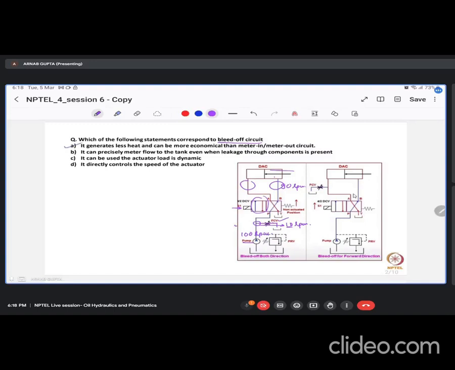That is true. Next: it can precisely meter flow to the tank even when leakage to the components is present. This is not correct because the main disadvantage here is the leakage, and the precision issues that come up due to this leakage.